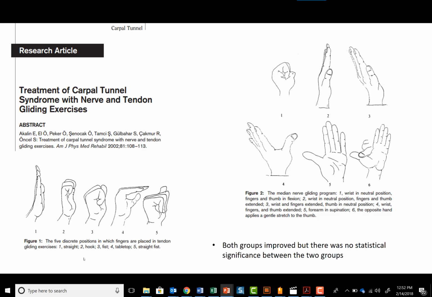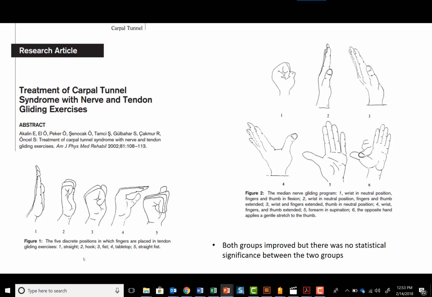Now, in the pictures to the right, here you have more median nerve gliding, and not our typical median nerve gliding that we talked about at the elbow in surface anatomy, but this is more local median nerve gliding.